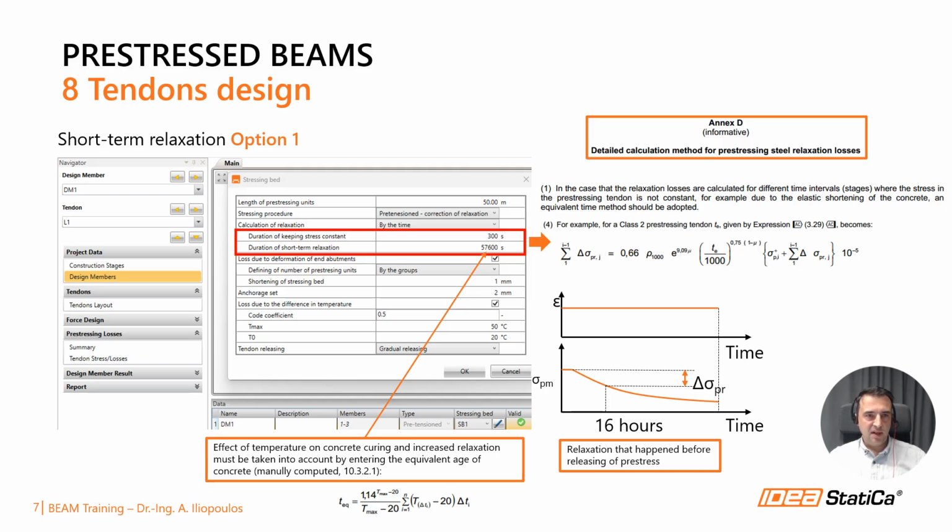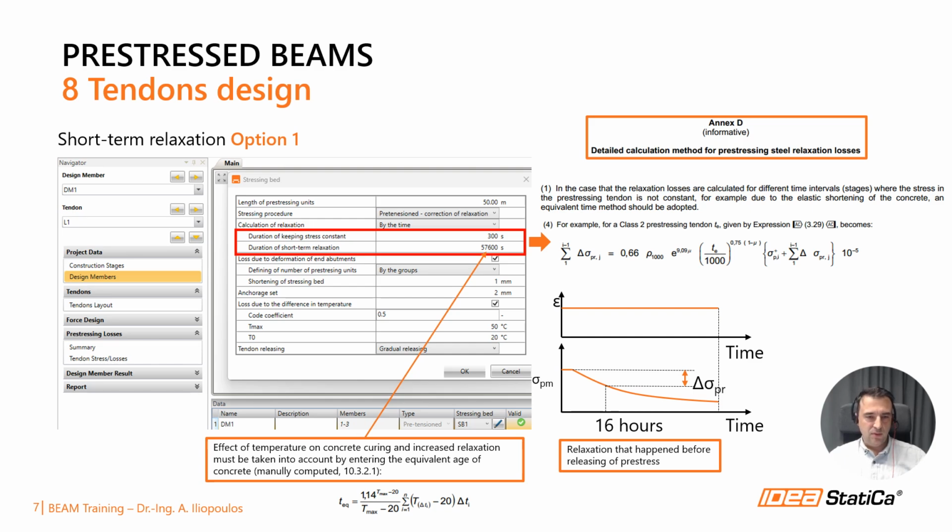Stress intervals are calculated and summed, and as input values we take the time of a constant initial stress, which we assume to be 30 seconds in this case, and then the duration of the short-term relaxation. In this case we consider 16 hours.